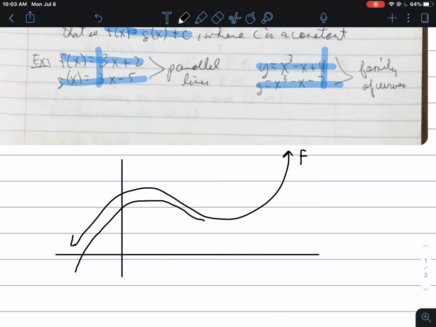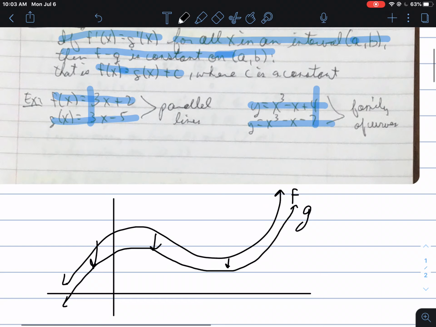I can draw this half decent. Let me try that again. All right. So basically, you can take the graph of f and shift it up or down. If I take f and shift it down a certain value, you're going to match up with the function g. But at any point on the graph of f and g, the slope of the tangent line is the same. So it's the same idea as parallel lines, but it's parallel curves.